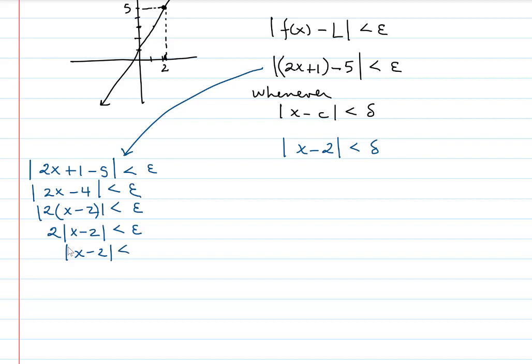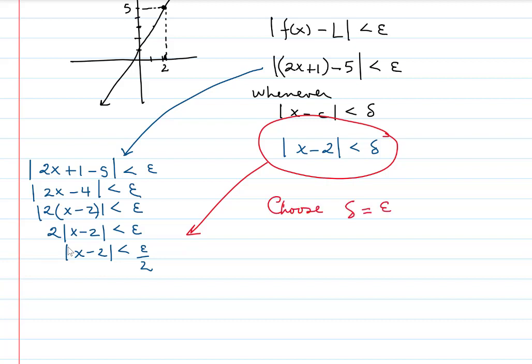I divide by 2 on the other side, and I get epsilon over 2. Notice here I get my epsilon over 2. This has to be less than delta, so this gives me the intuition to choose my delta to be equal to epsilon over 2.